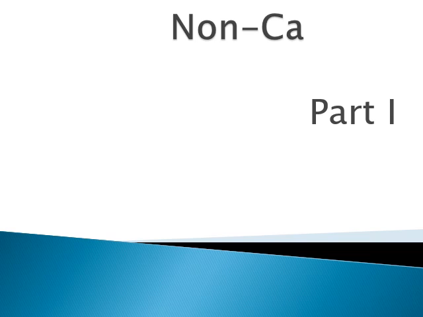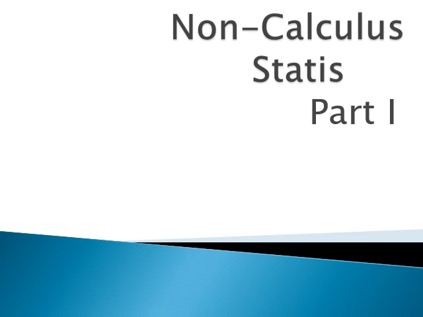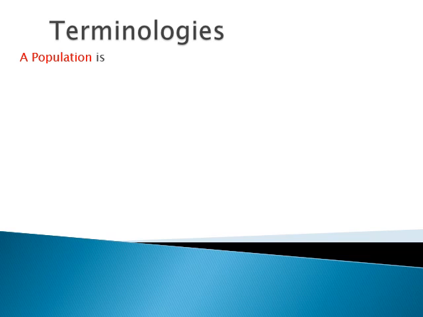Today I'm going to introduce to you non-calculus statistics, and we start with the terminologies. The terminologies are population, and a population is a complete collection of elements that are supposed to be studied.